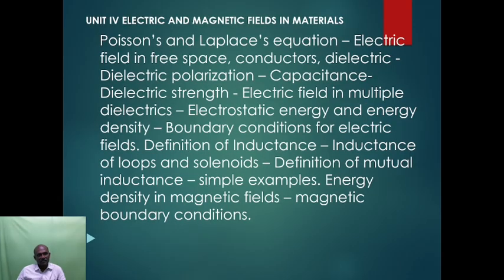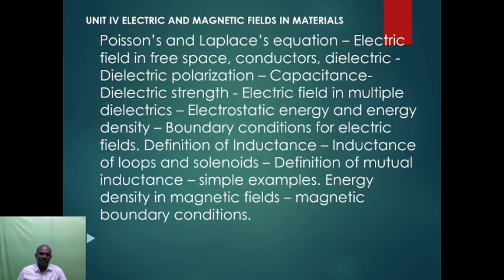The fourth unit is about electric and magnetic fields in materials. In previous chapters, we have seen the magnetic and electric fields only due to spatial point charges and moving charges. Here, the same electric and magnetic fields, but in materials. We are considering a capacitor as an electrostatic material and an inductor as a magnetic material.